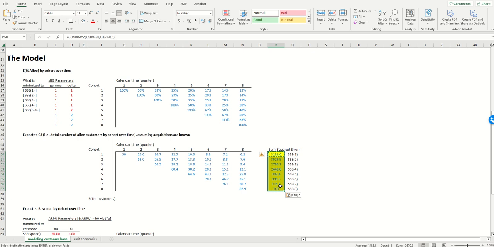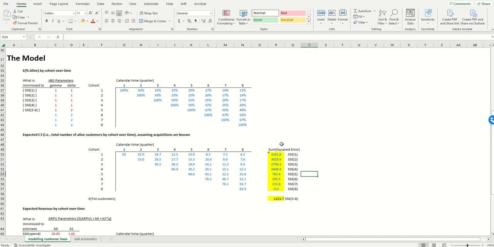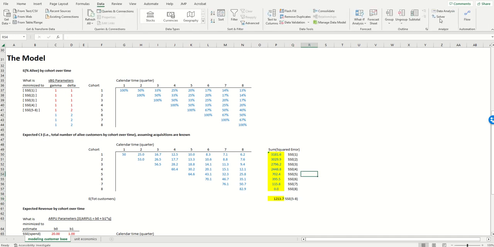We can do that for all of our various cohorts, but then again, for cohorts 5 through 8 we're going to sum the error associated with those cohorts. So I'm just going to do this over here. The sum of the squared error. And this will be the SSE associated with cohorts 5 through 8. Then we can just use Solver right up over here.